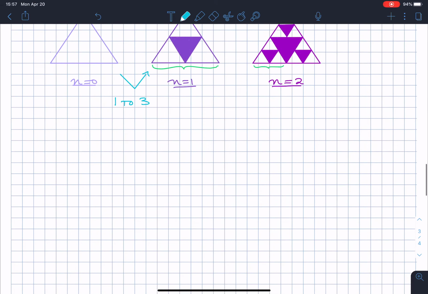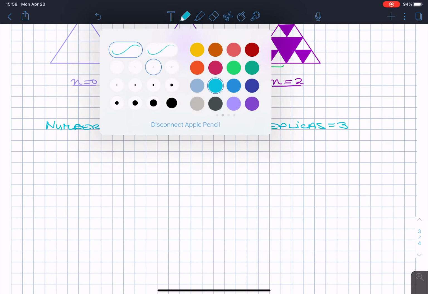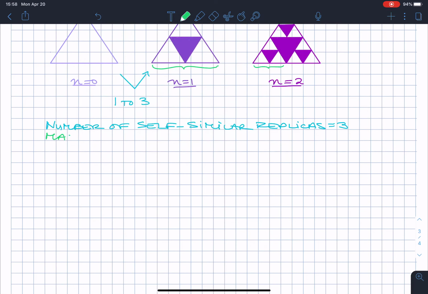So the number of self-similar replicas is equal to 3. And we already found that the magnification factor was equal to 2.